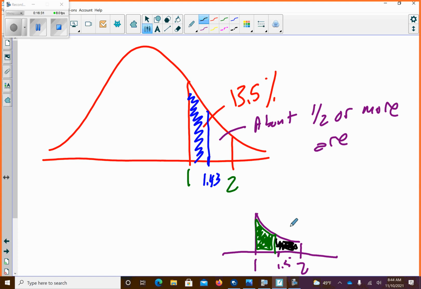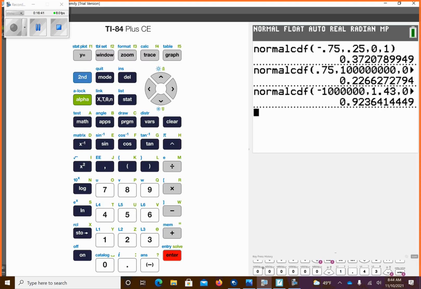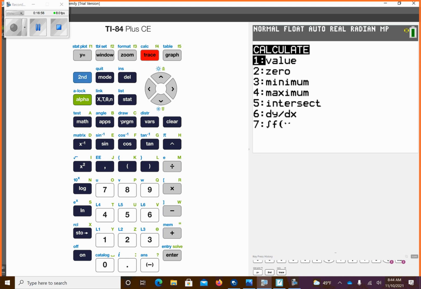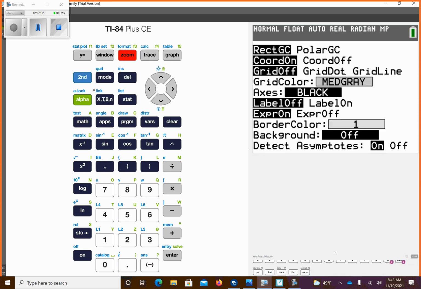There are simulators that we can use that can do stuff pretty uniquely. There's one thing I want to try, and I don't know if my calculator is going to do it. Let's see. Just trying to think. Y equals, calculate. I remember there was a way that you could do a graph on here.